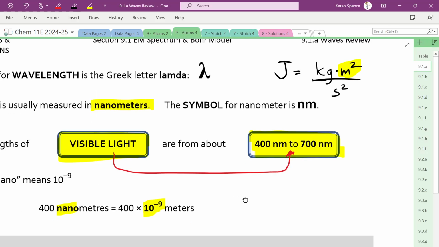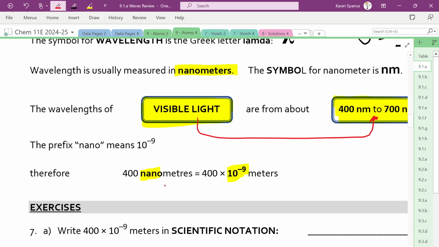So you can just take the nano and replace it with 10 to the negative 9. Do you remember doing that in the summer? A little bit? Okay. So that's the quick way to do it. And chances are you will just be doing a calculation with this, so you don't even have to change it into scientific notation if you don't want to. You can just leave it like that and put 400e negative 9 into your calculator. Yeah?